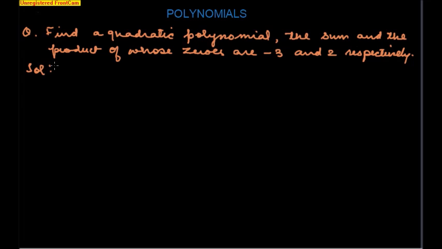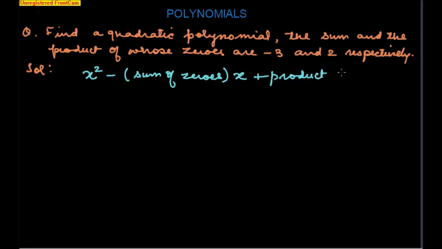Now, before I start with this question, you need to know a formula which says x square minus the sum of zeros into x plus the product of the zeros. Always remember this and you will be able to form the polynomial very easily.